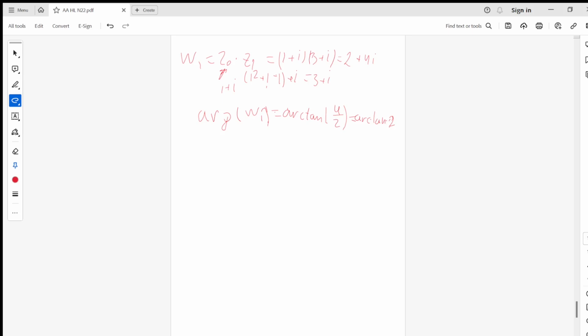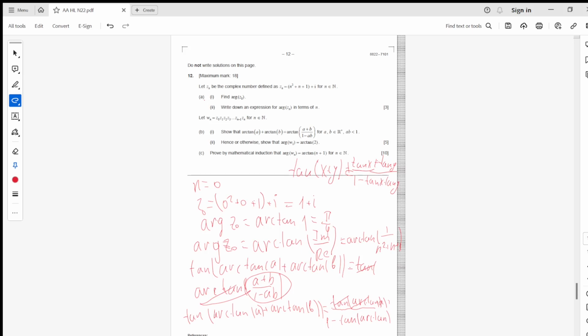And for the last question, we need to show by induction that the following equation is true. So let's start with the base of induction.